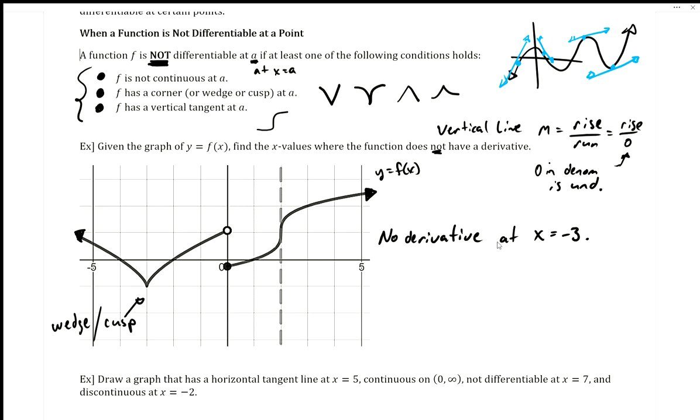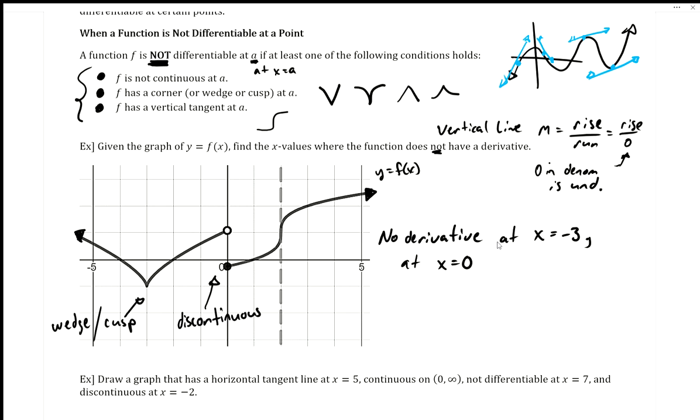And then our next one, we see it's not continuous here at x equals 0. So this is a discontinuity, or discontinuous. Not continuous here at x equals 0, so also at x equals 0.